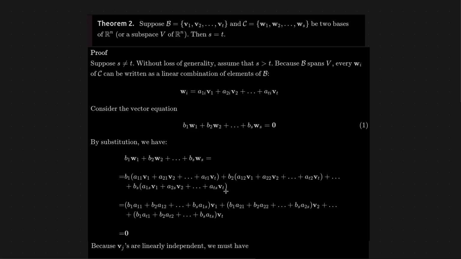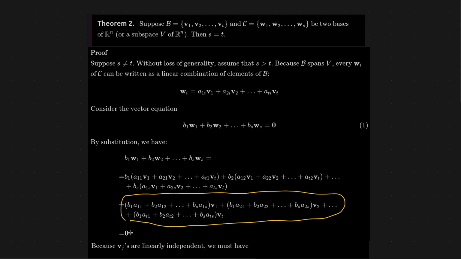Now remember, this expression is equal to 0. And so that means this big nasty looking expression is also equal to 0. Notice we've expressed it as a linear combination of the vectors v. We have a constant times a vector plus a constant times a vector plus a constant times a vector.